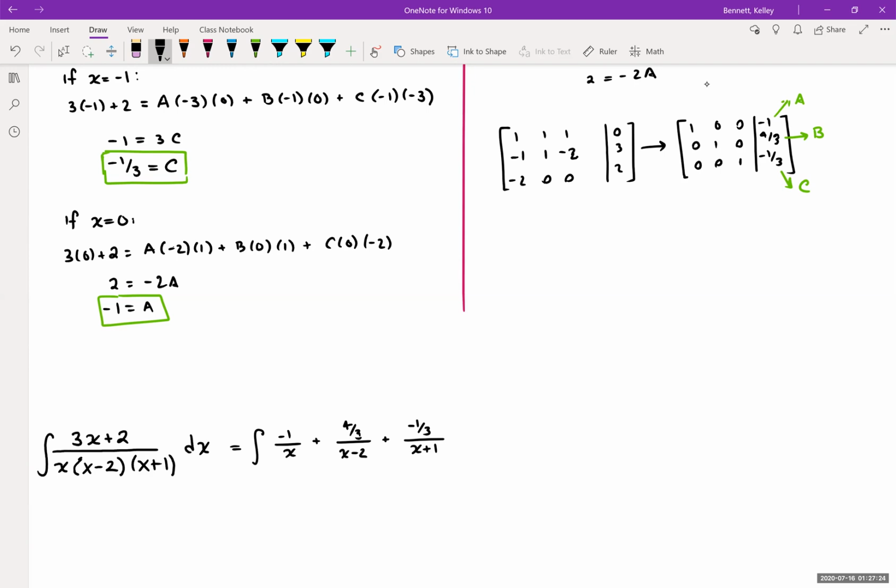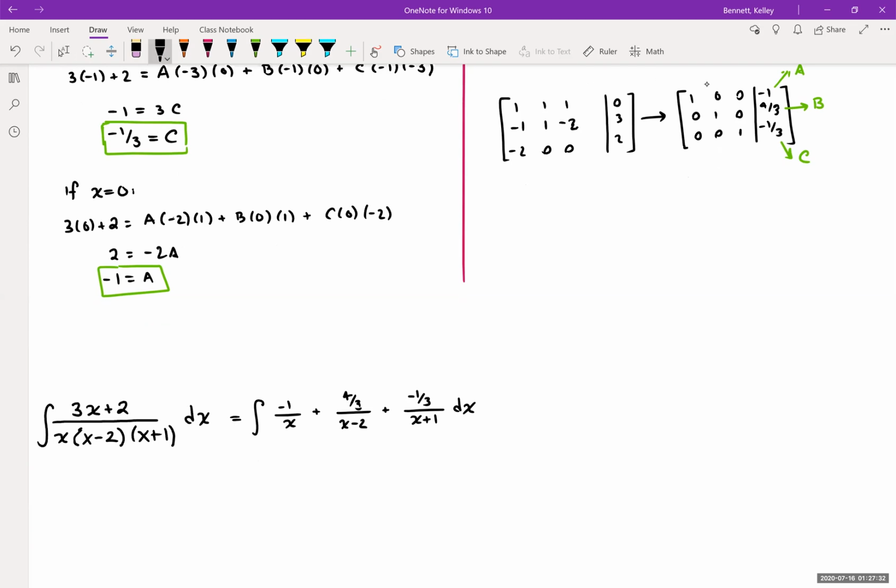Yes, you can write minus 1 over 3x plus 3. However you want to do it, as long as it's done correctly, I'm okay with that. Okay, super. Negative ln x plus 4/3 ln x minus 2 minus 1/3 ln x plus 1 plus c. That's it. So the integration once you do PFD should be pretty straightforward, and that's your tell.